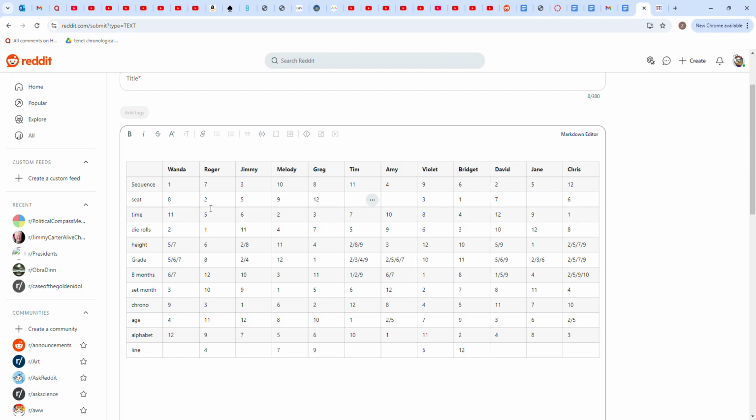So 1's taken, 2 is taken, 3 is taken, 4 isn't. 5 is taken, 6 is taken, 7 is taken, 8 is taken, 9 is taken. We're looking at 10 and 11 for the possibilities. Both of them are in his column. In other words, Tim can only have seat 4. Okay, well that was immediately useful. Let's see if we can eliminate anything, and we can.